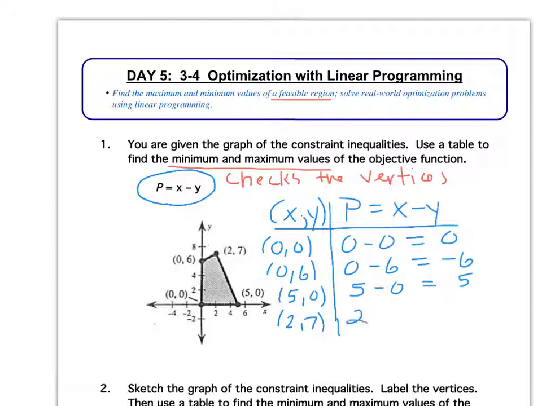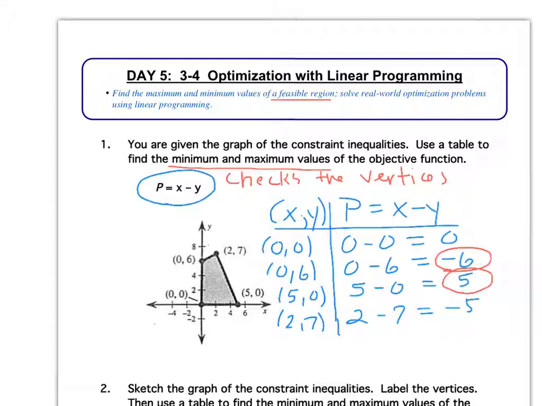And finally we have 2 take away 7, which is negative 5. So as we check out those values, we have a minimum value at negative 6, and we have a maximum value at 5. So that's how we state our solution.